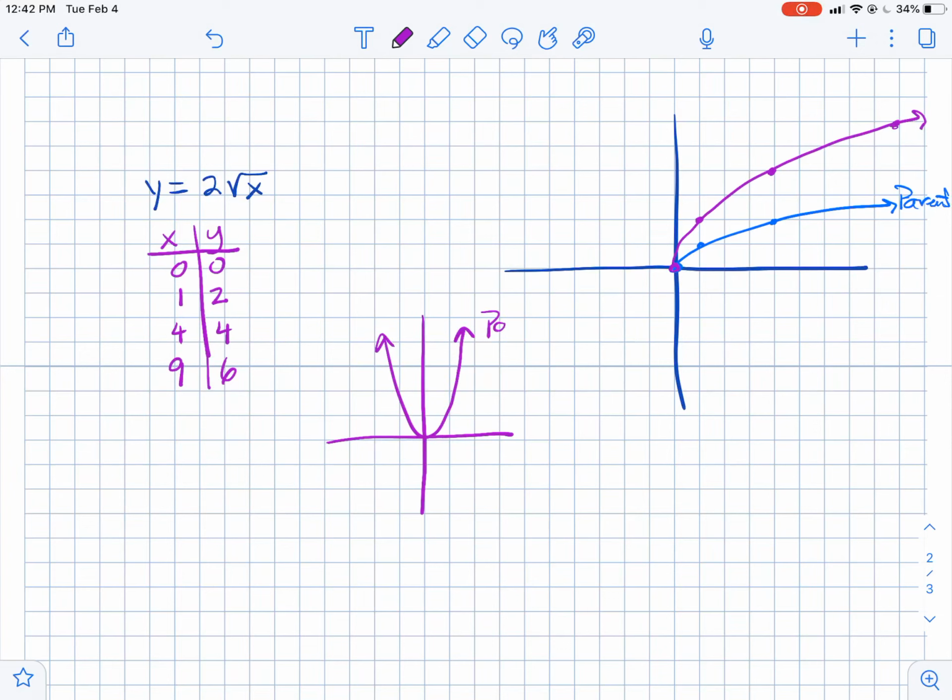Let's say this was our parent. If it had a 2x squared, remember it made it steeper because it went up twice as fast. Okay? It's going up twice as fast.